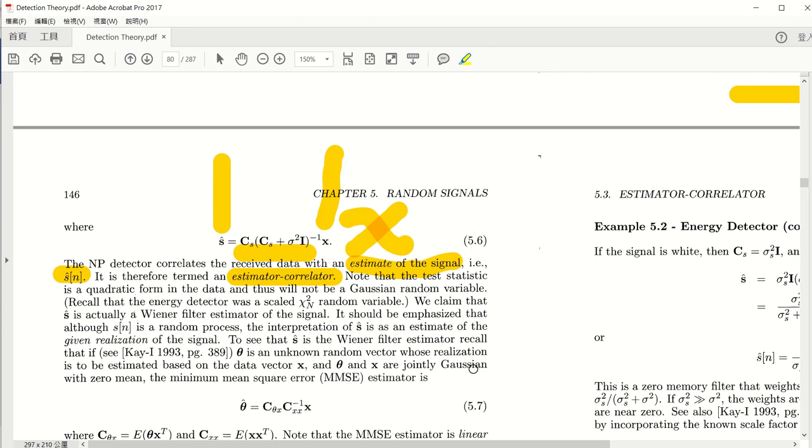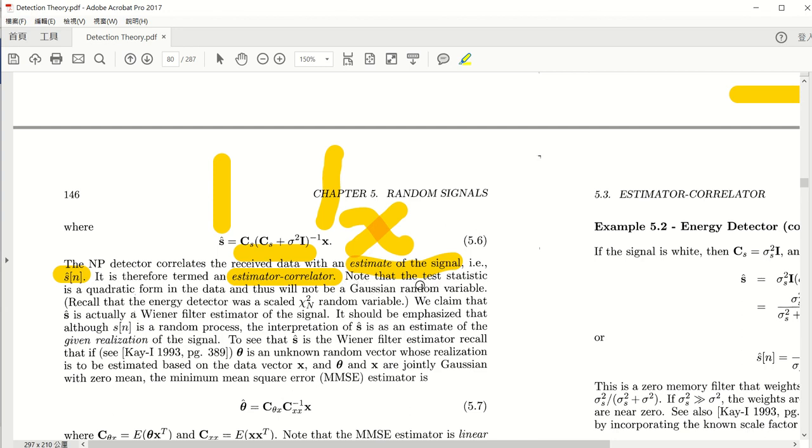No, that's not what we mean. What we are actually saying is that this comes from the likelihood ratio, the log and then of course simplification of the likelihood ratio. And it happens to have this interpretation of an estimated correlator.